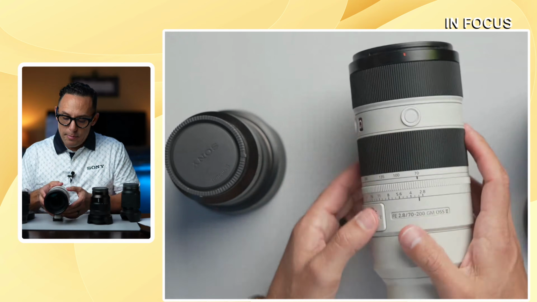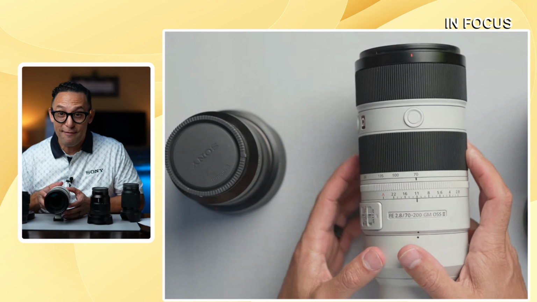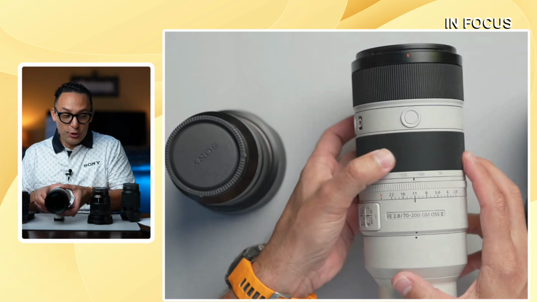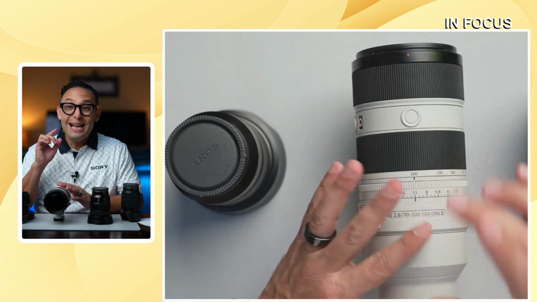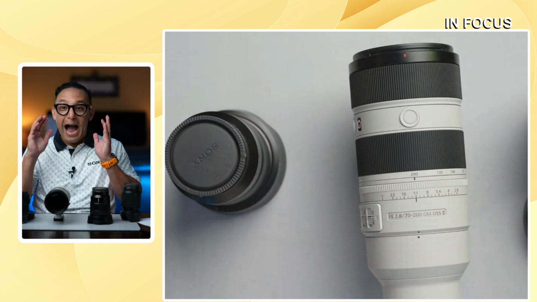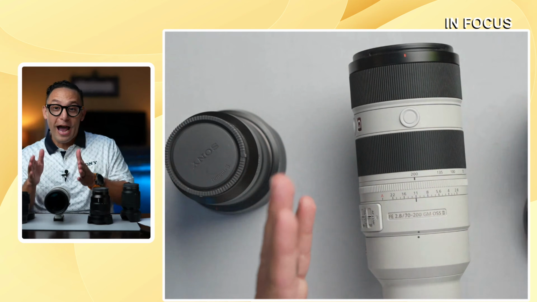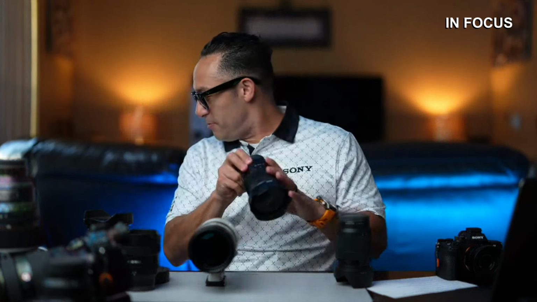But let's say that I put this lens at f11 at 200 millimeters. If I focus on something about 6 feet away, I will still blur out the background much more than this lens, which is 2.8.